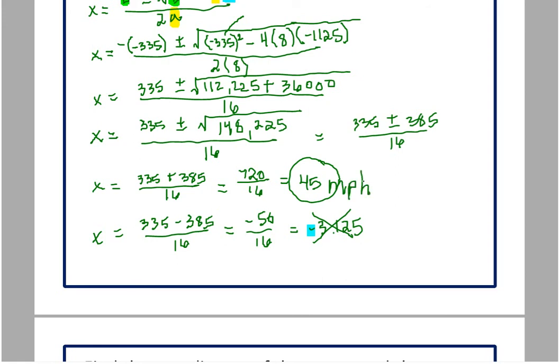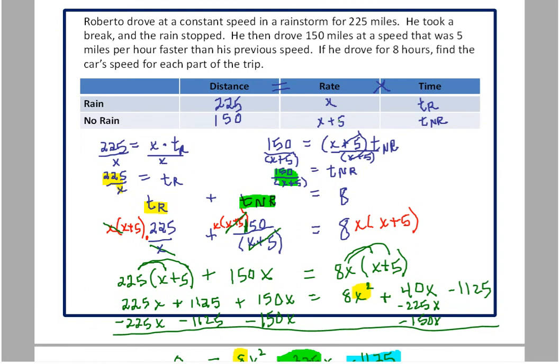And remember, that's for the speed with rain. And with no rain, it's x plus 5. So we've got 45 here, and x plus 5 equals 50. So both of the speeds are 45 and 50 miles per hour. I hope that helps.